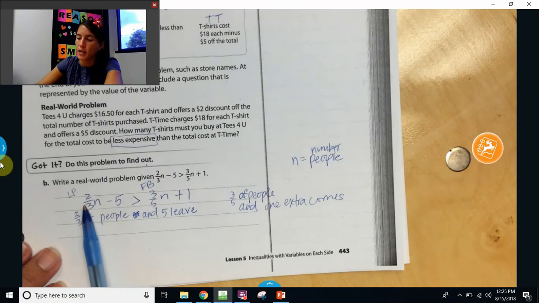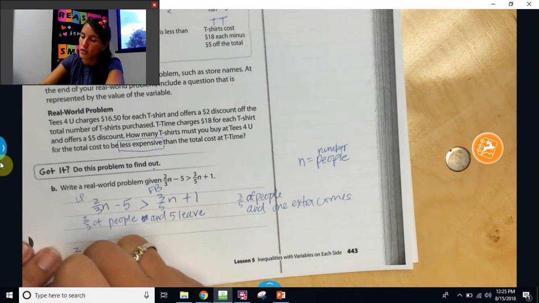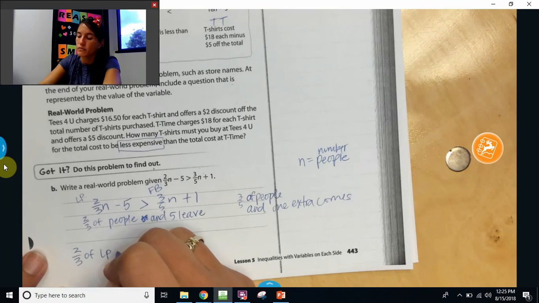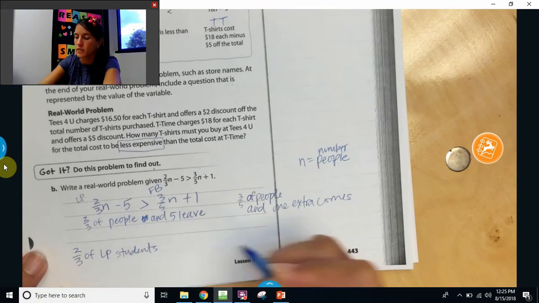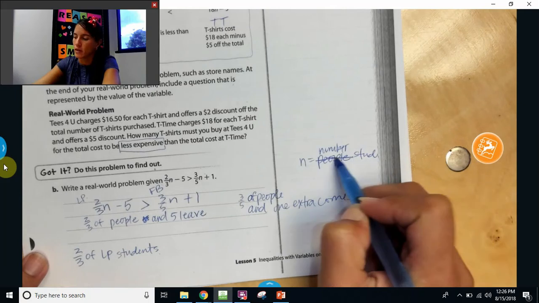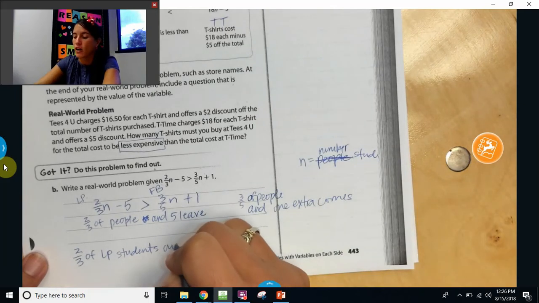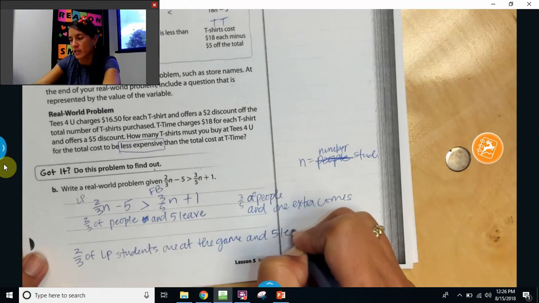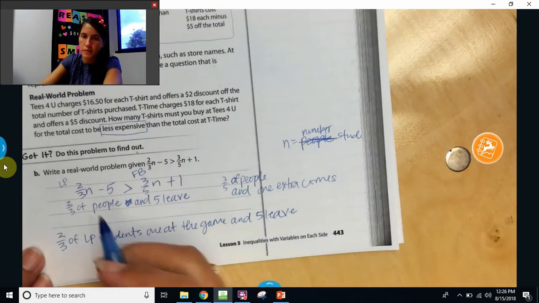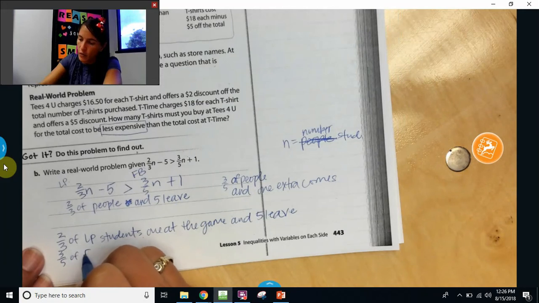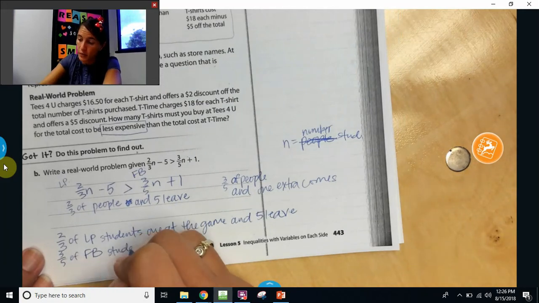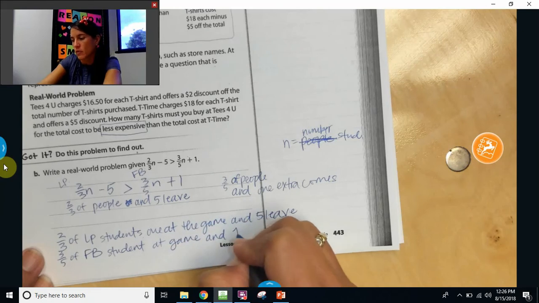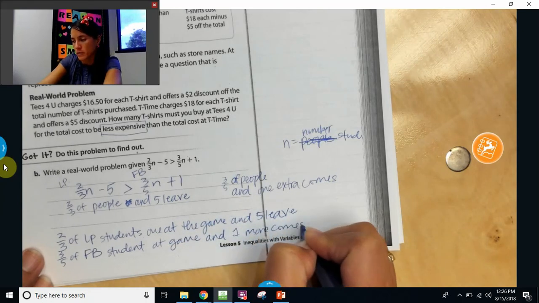So then if I wanted to write my question, I would say 2/3 of Logos Prep students, so maybe we want to change this to students, 2/3 of Logos Prep students are at the game and 5 leave. 3/5 of Fort Bend students or people are at the game and 1 more comes.